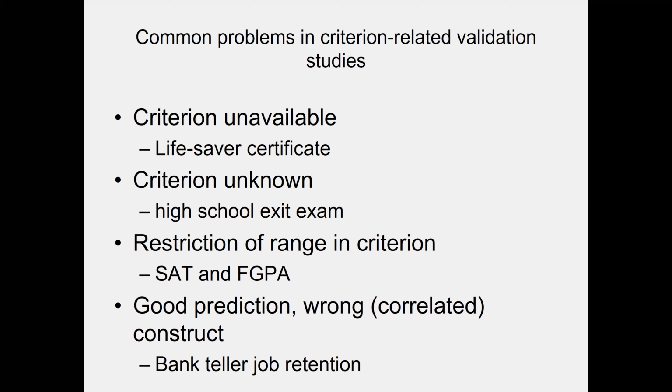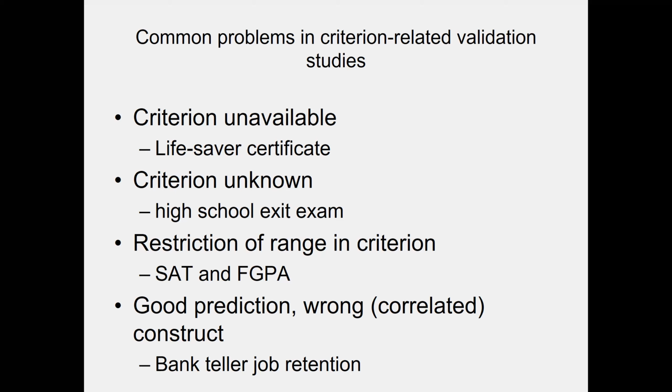When they are finally tested for the certificate, they try to save an instructor who is pretending to be drowning. Now, let's say they failed that test. What we want to know is, in real life, in the diagnostic situation, would they fail that test? In the criterion, the gold standard, the authentic circumstance, would they fail that test?